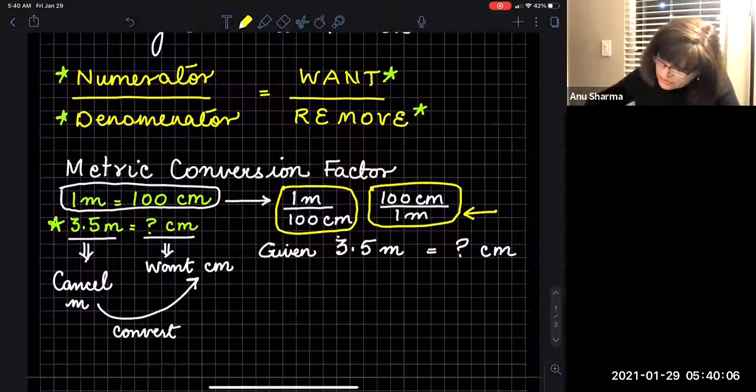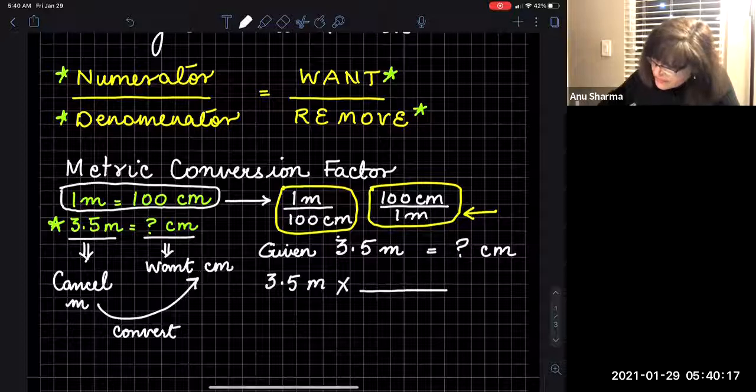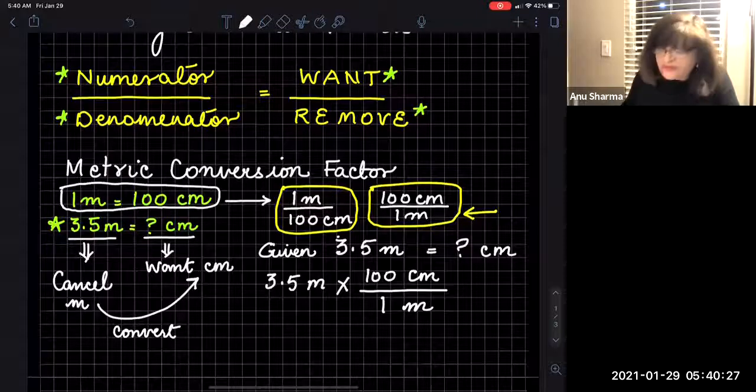Now just solve this. 3.5 meters multiplied by that conversion factor where meters is in the denominator and centimeters is in the numerator. So we have 100 centimeters over 1 meter.